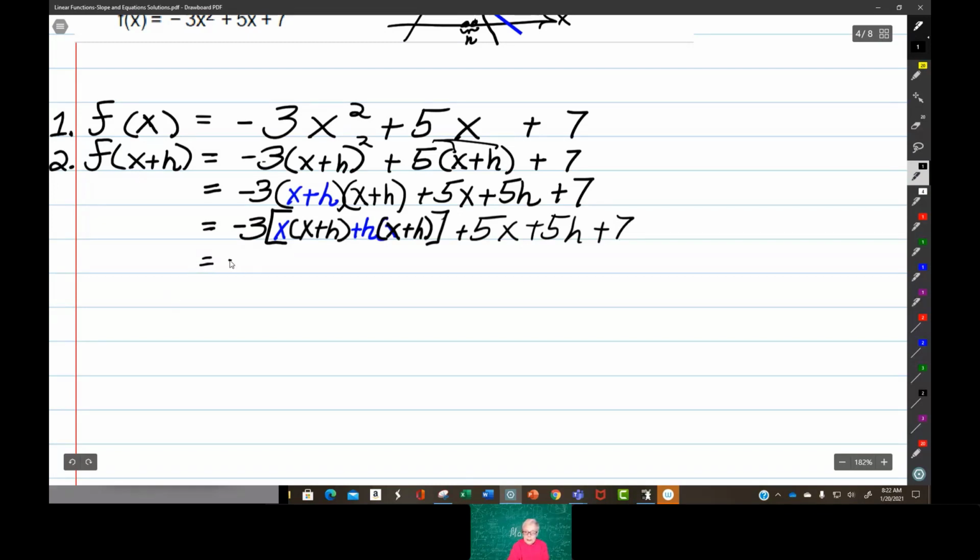Now, I'm not going to do anything with the negative 3 yet. I have to multiply. This is what I'm going to do. X times x, x times plus h. I've got a plus h times x plus h times h.